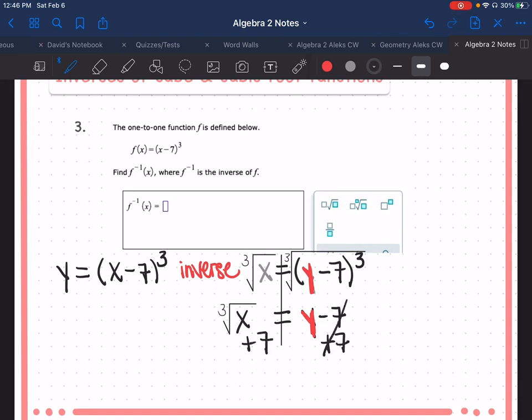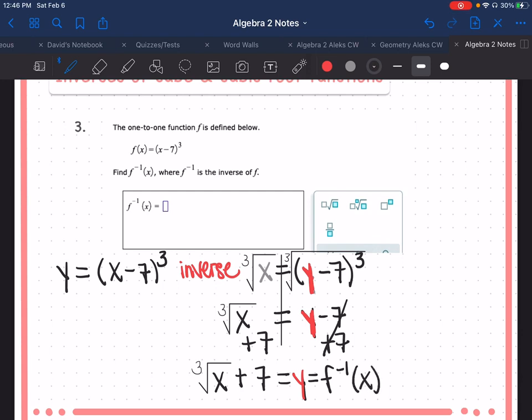Since it is not a like term to the cube root of x, I can't add them together. The last step is to change this y to the inverse notation.